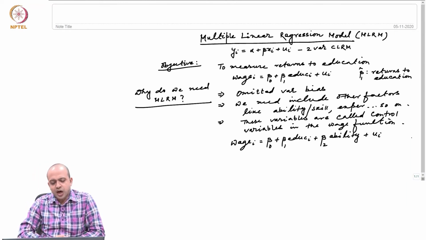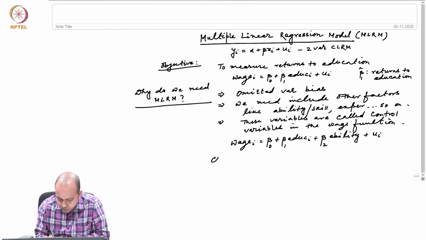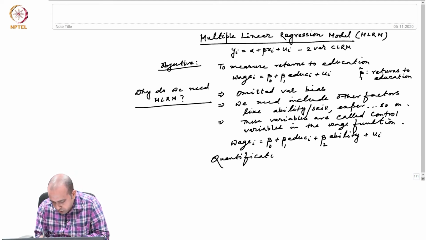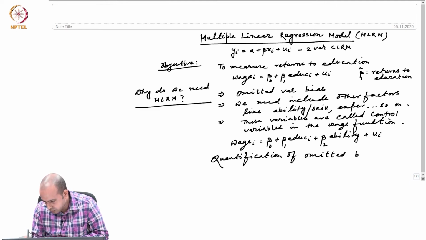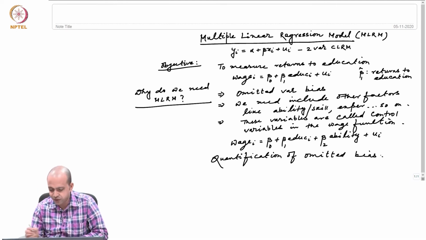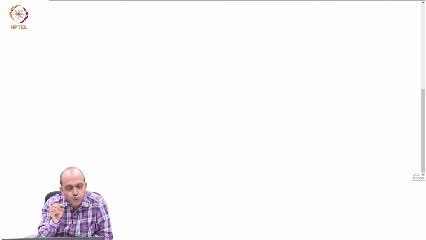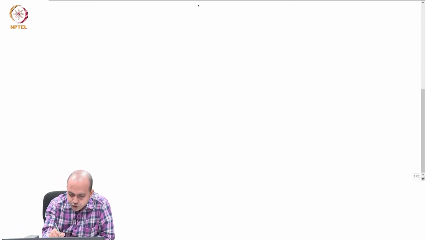Next, the question is, how do you quantify this omitted variable bias? So, for quantification of omitted variable bias, we will write our true model like this.